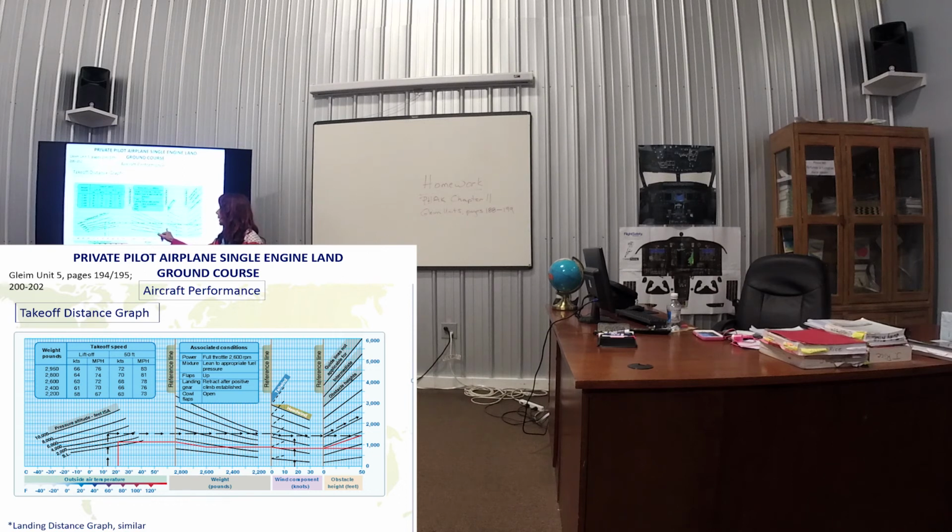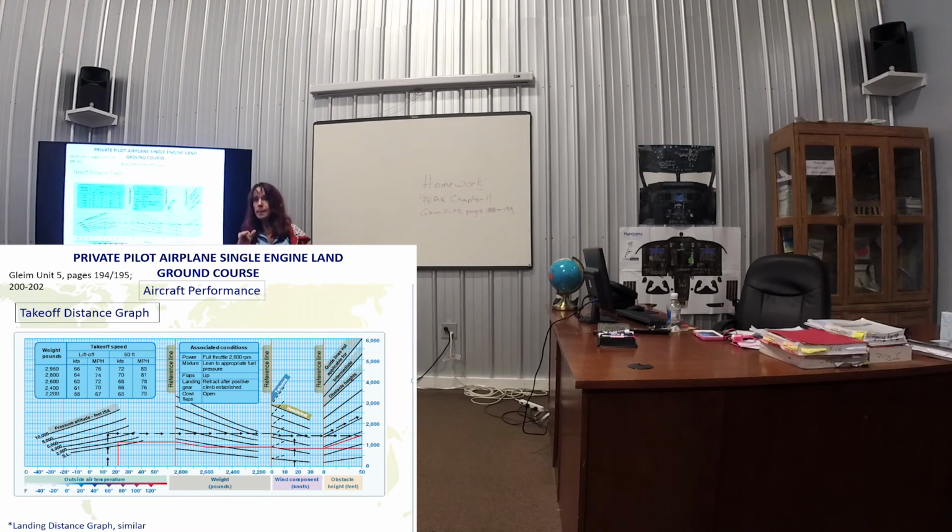If you have a headwind, you go down to the closest line that you're close to. Just happens this one comes in on a line. If you're here, then you gotta follow it down. So it really depends on the line that you're close to. We're given a headwind of about 8 knots, so we come down to the 8 knot. We're done with that graph. You go straight over.